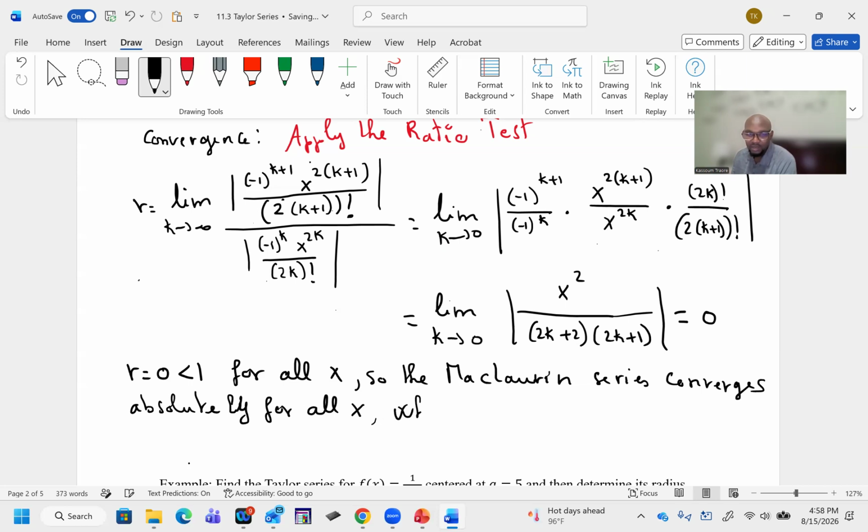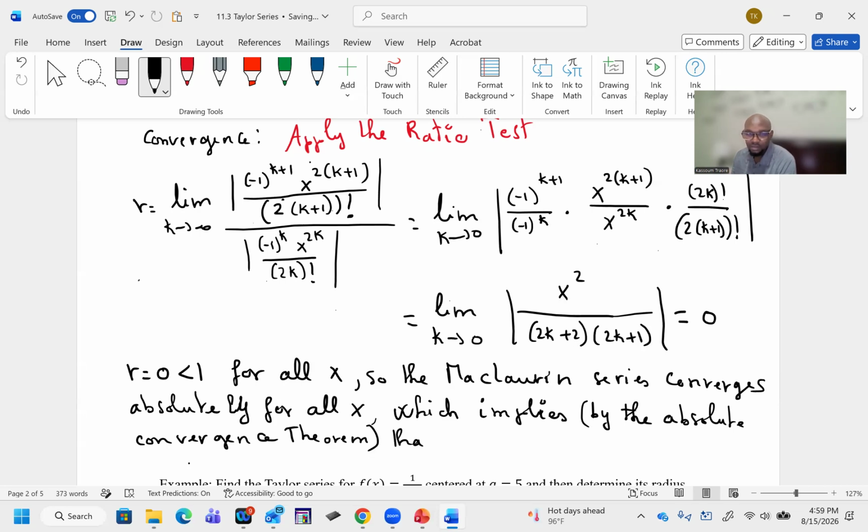Which implies, by the absolute convergence theorem, that the series converges for all x.